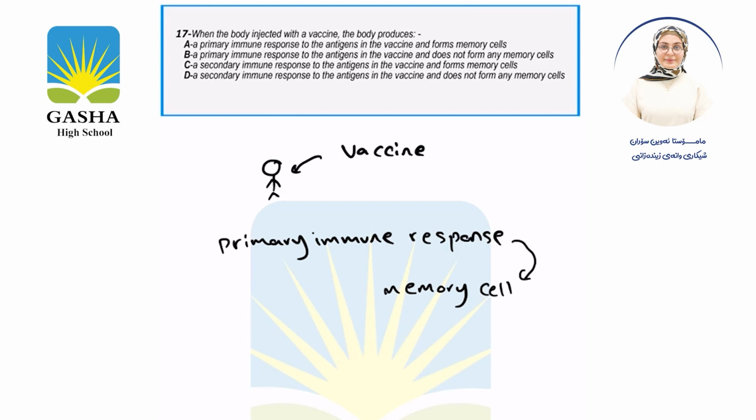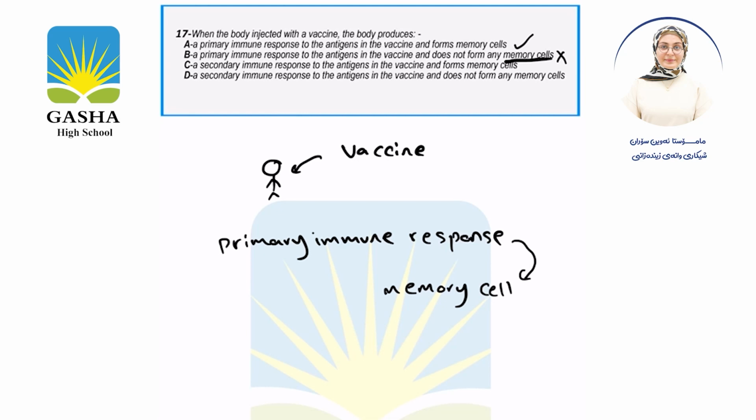Let's read the multiple choice to choose the most true answer. A, a primary immune response to the antigen in the vaccine and form memory cell. This one is true. B, a primary immune response to the antigen in the vaccine and does not form any memory cell. So this is false because it says it's not forming memory cell.